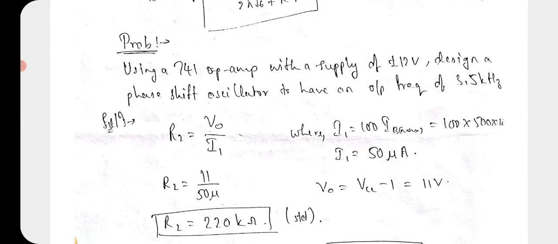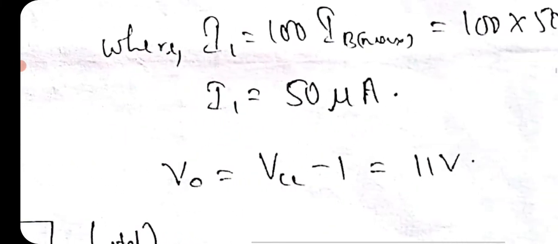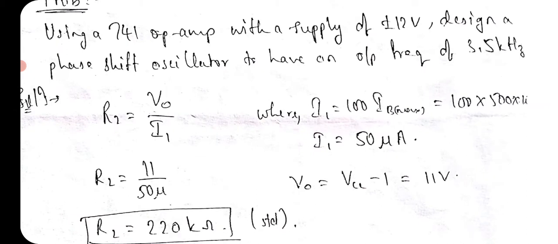Here the supply voltage is given to you as plus or minus 12 volt. What will be the output? Output equals VCC minus 1. Imagine it's a sinusoidal waveform of 11 volts, right? 11 volts.